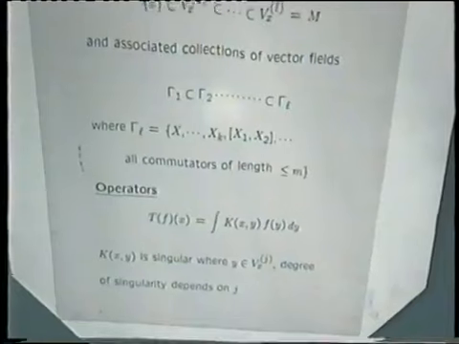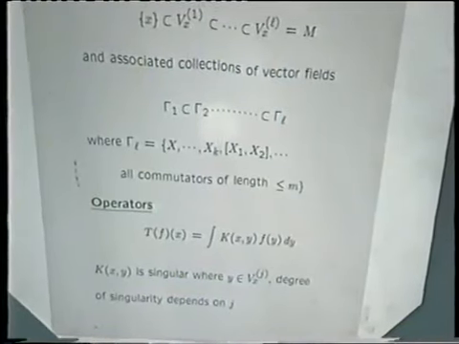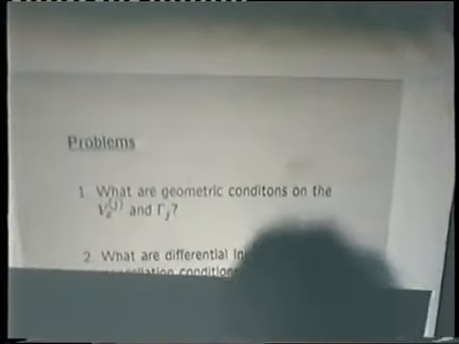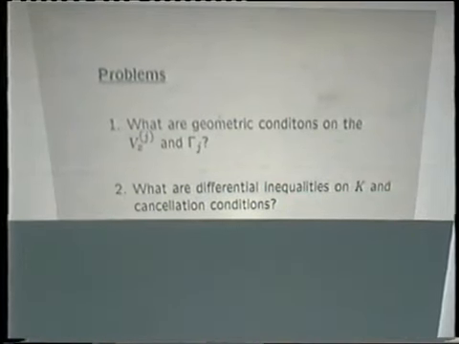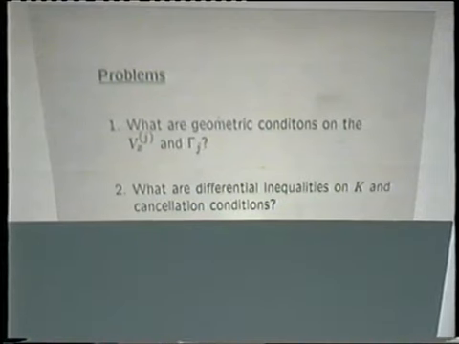And here now, what are the problems? The first problem is to know exactly how to state the geometric conditions that we want to require of these flags and this collection of vector fields. Of course, one of the natural conditions to require is that the collection gamma k span the tangent space for the submanifold V upper K. But presumably there are some other geometric conditions which we don't understand.